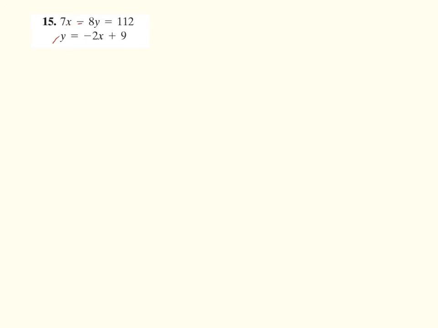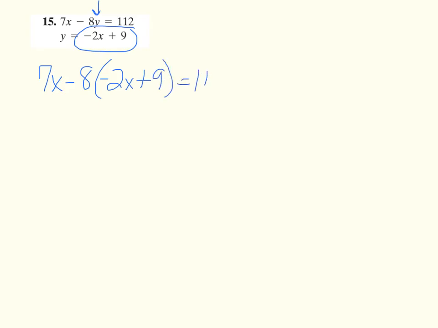All right, number 17. Again, I'm going to take this value and substitute it in for y. So when I rewrite it, I have 7x minus 8 times the quantity negative 2x plus 9 equals 112. I'm going to distribute that negative 8.